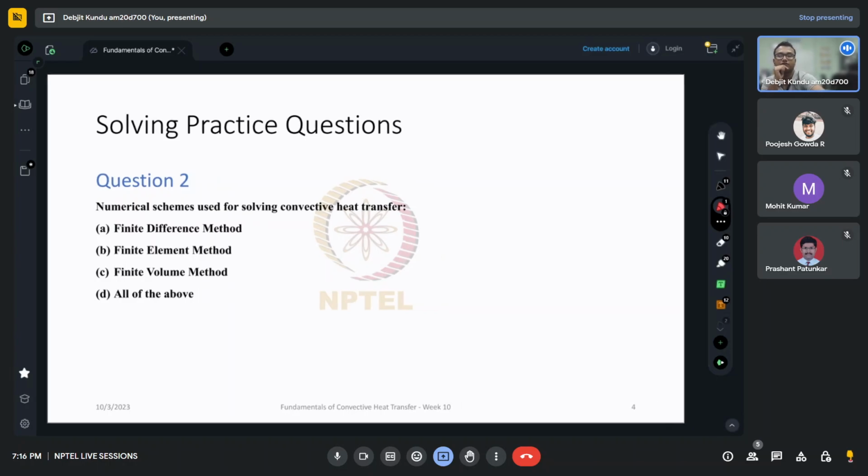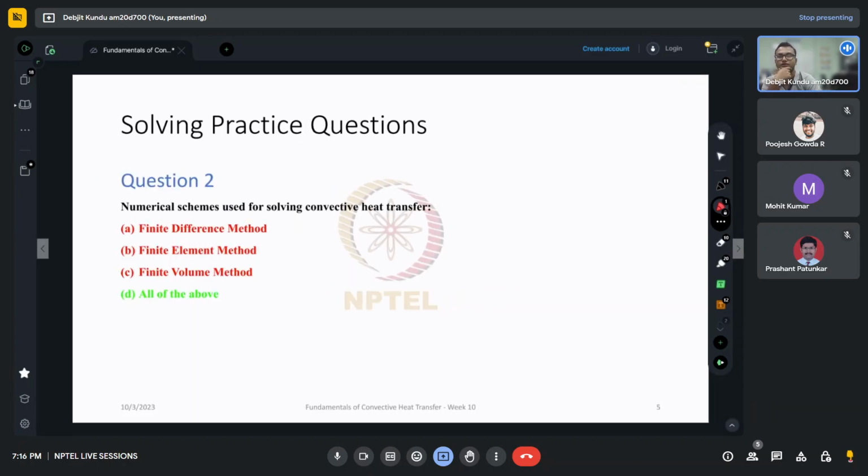So let's have a look at the solution. The solution is actually all of the above. It's not only finite difference method, but finite element method as well as finite volume methods are other numerical ways to discretize the partial differential equations to algebraic equations. These are different philosophies.